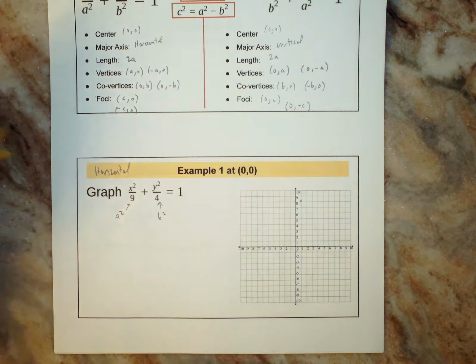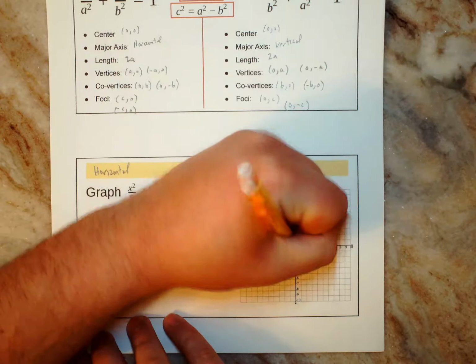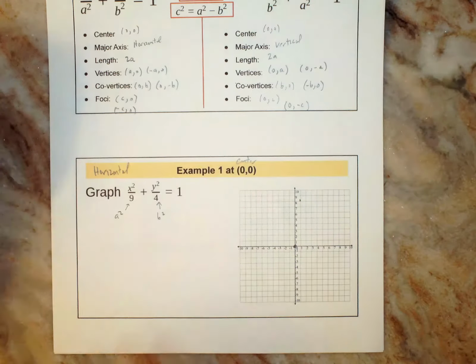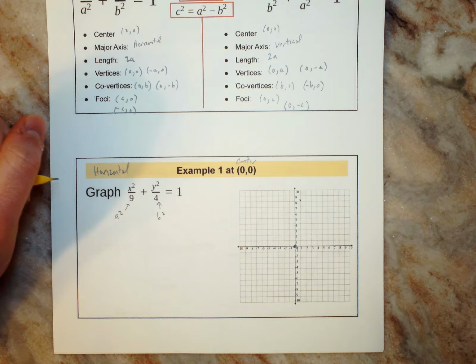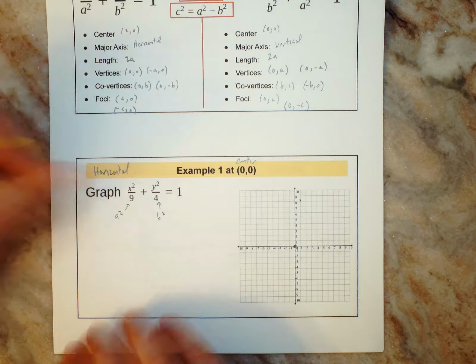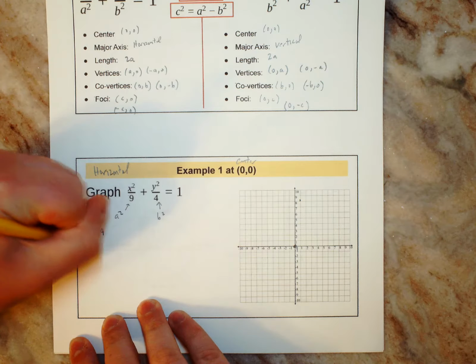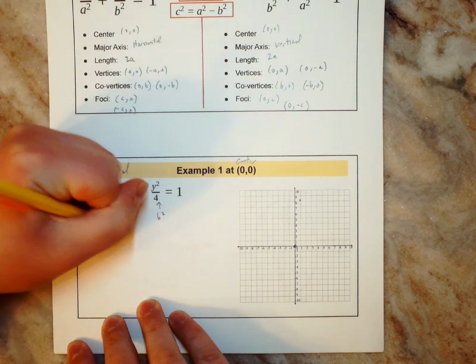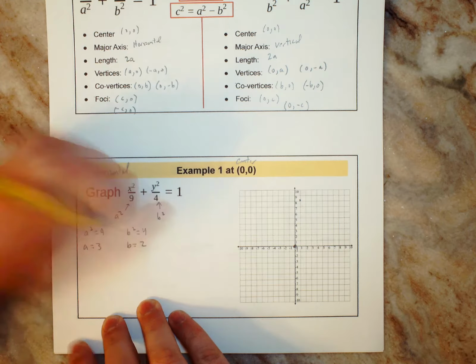So my center, obviously, for today is going to be 0-0. So I'm going to mark that off on my graph. And for you guys, I know you don't have graph paper, so you can just make a sketch. So now we got to figure out a and b. So if a squared equals 9, that means a is 3. And if b squared equals 4, that means b is 2.